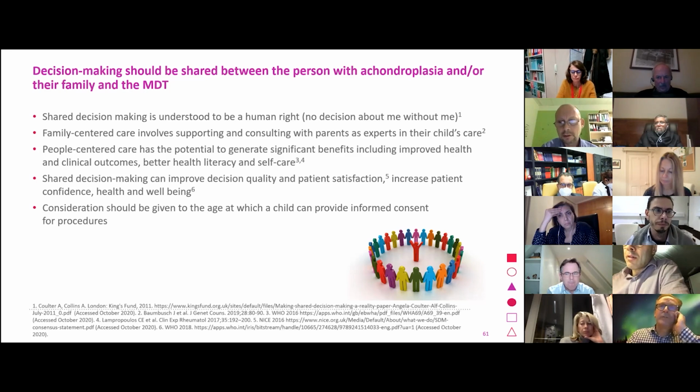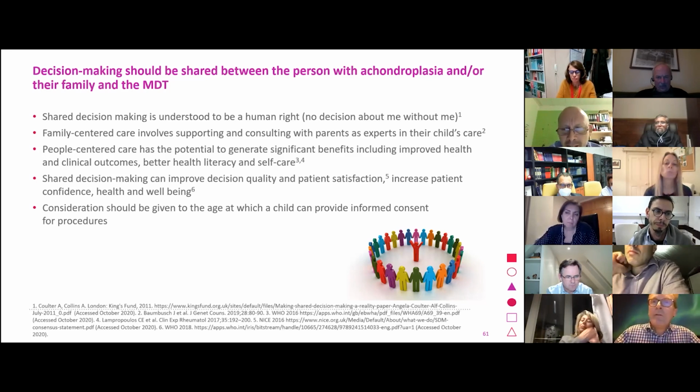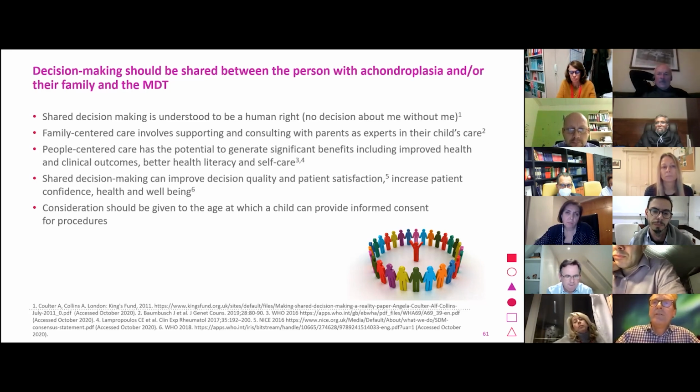What about making more emphasis on the multidisciplinary aspect? For example, rephrasing it as follows: the involvement of a multidisciplinary team should be encouraged in the decision-making aspects of care in persons with achondroplasia. I mean, putting more focus on the involvement of the multidisciplinary team and its importance in decision making.